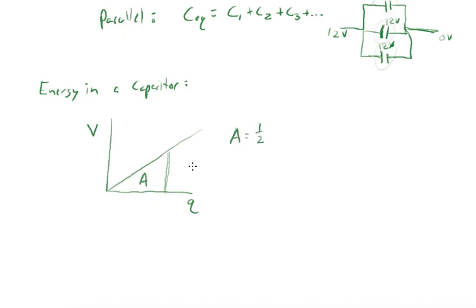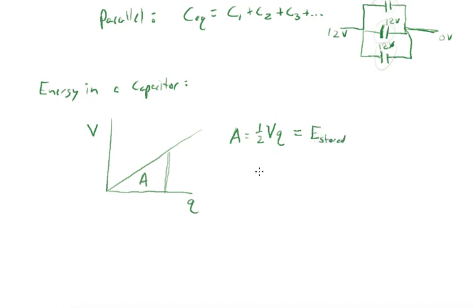It's a triangle. 1/2 base times height. So V times Q, or height times base, I guess in this case. And if you look at this, this is a potential energy per charge times a charge. So this is an energy, and this is in fact the energy stored in the capacitor.